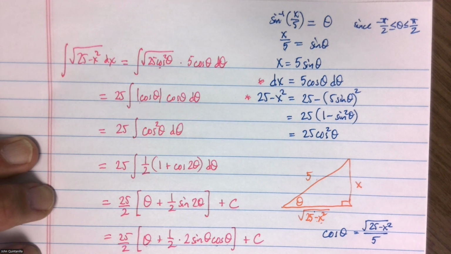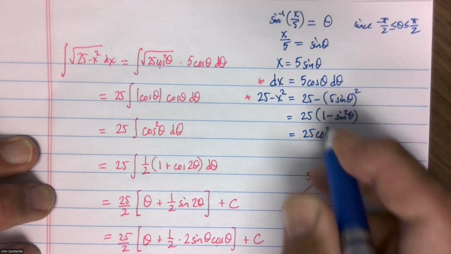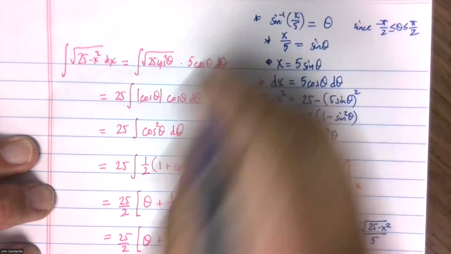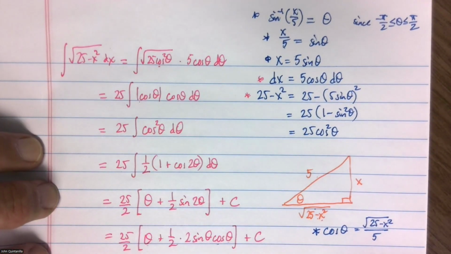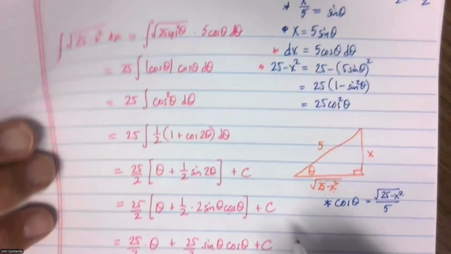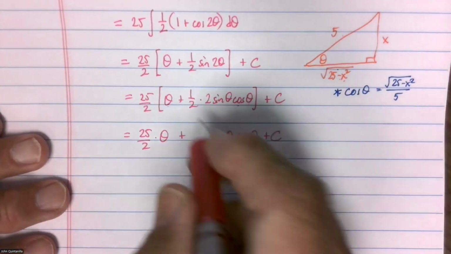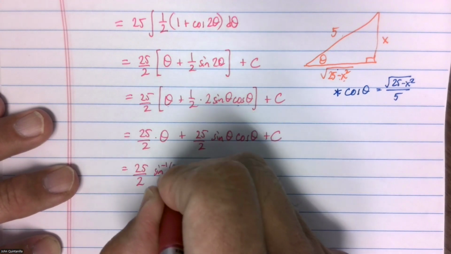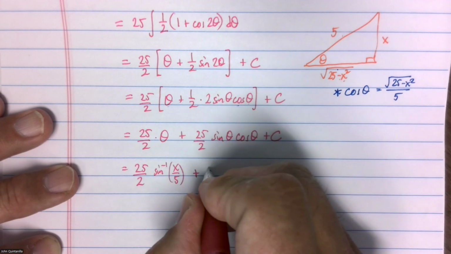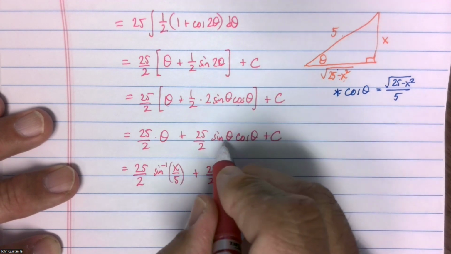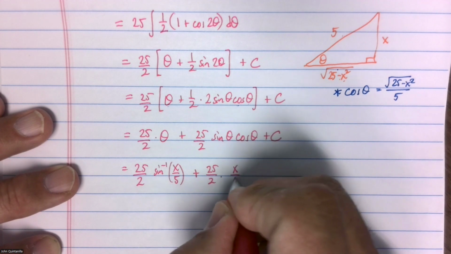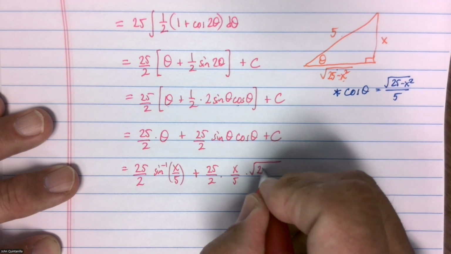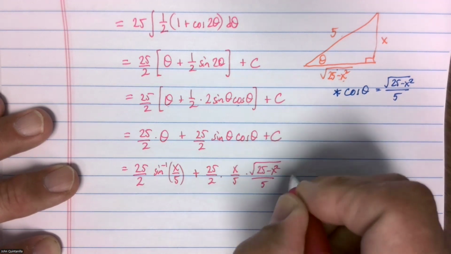And so using the piece of information that I mark with blue stars, we can plug in again. And this works out to be 25 over 2 times the arc sine of x over 5, plus 25 over 2 times sine of theta, which was x over 5, and cosine of theta, which is over here, the square root of 25 minus x squared over 5, plus c.